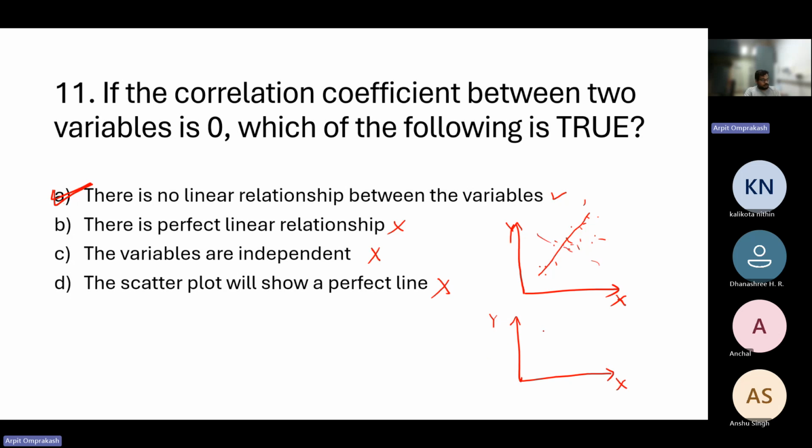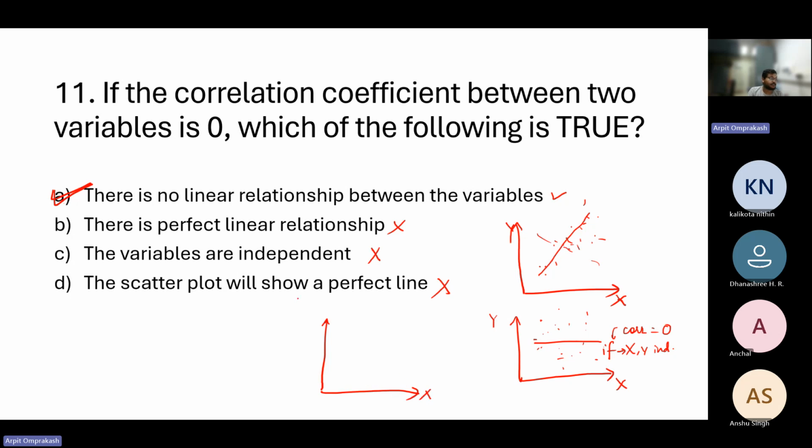However, if the variables are independent, they're just scattered all around, and in that case you will get a 0 correlation. You won't get a relationship, right? So correlation will be 0 if X and Y are independent. But the reverse is not true, because there might be cases like this.